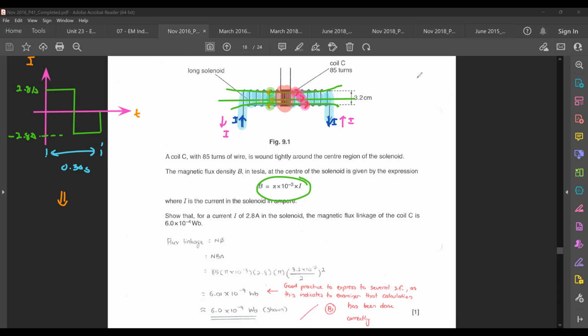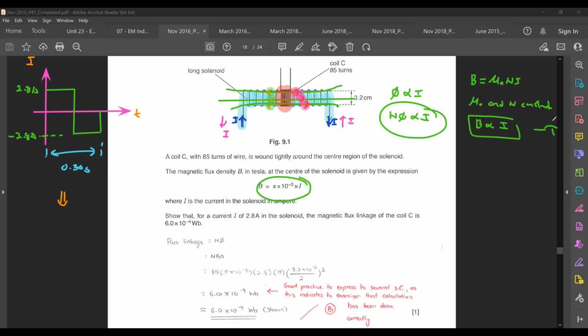Just now, based on the derivation that I told you, I mentioned that flux is proportional to current, and flux linkage is also proportional to current, because B is mu naught n I. If mu naught and n are constant, B is proportional to I. This is relation number one. And then you also know that flux is BA if your area is constant.